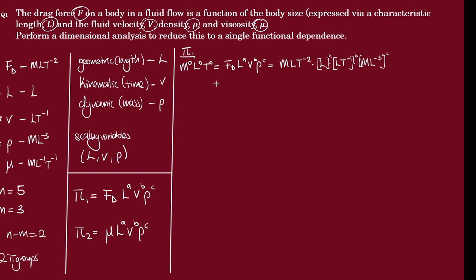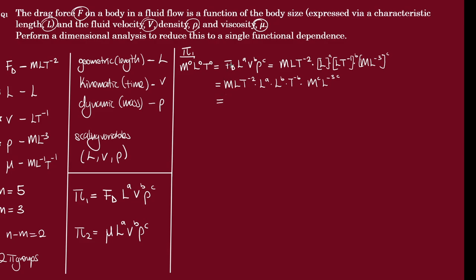Okay, so expanding this is actually going to give us M L T to the negative 2, dot L to the a, dot, so you use the index for each of these, so it's going to be L to the b, T to the negative b, multiplied by M raised to power c, L raised to power minus 3c.